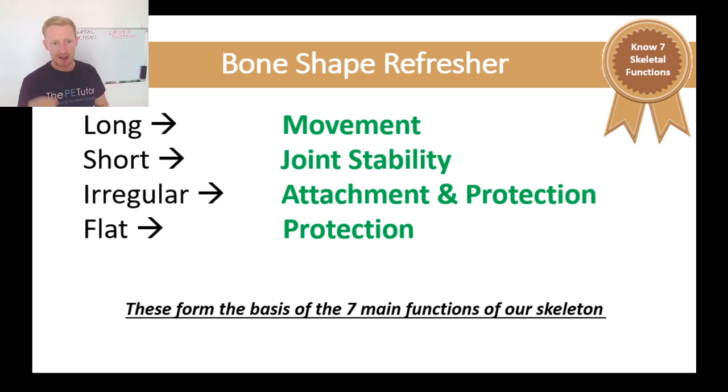So our long bones, we have movement. Short bones, we have stability. Irregular, we have attachment of tendons, ligaments, organs. And the flat bones, protection. So we're moving away now from describing what these bones are, and we're moving more towards why that's relevant, or why we need that inside of our body.